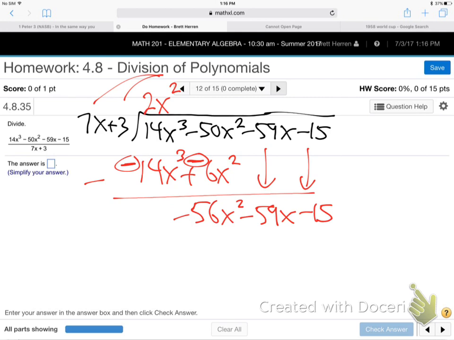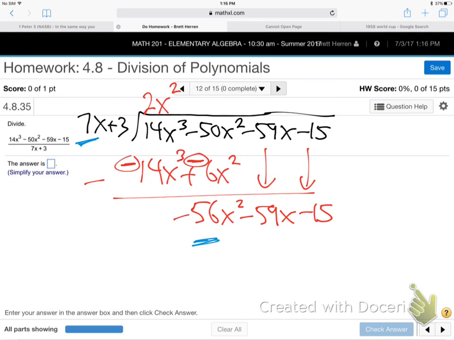Good? Good to there. And now front to front. What times 7x?